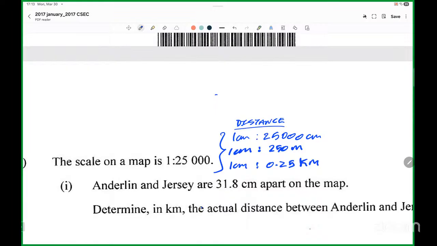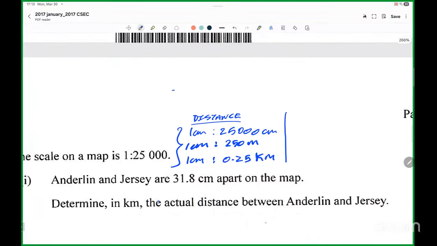Now, watch me now. Sometimes a question will extend and ask you for area. So to convert distance scale to area scale, you square the scale. That's all you have to do. Square the scale. Because if you think of an area on a map like this, 1 centimeter by 1 centimeter on the map becomes on the land 0.25 kilometers by 0.25 kilometers.